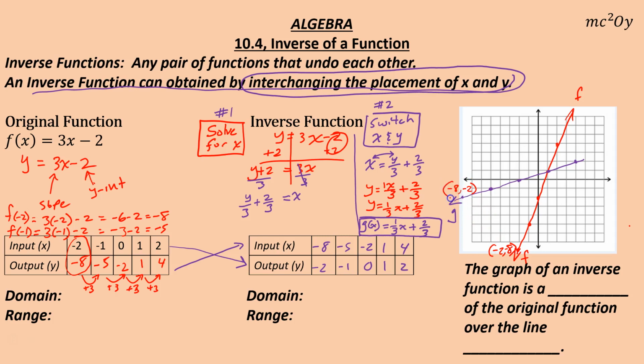We just switched our x and y. And this one right here, which is at (-1, -5), well, its inverse would be (-5, -1), which is right there. And notice it's actually there in the table.